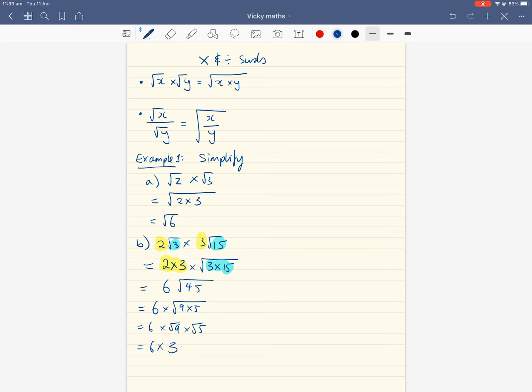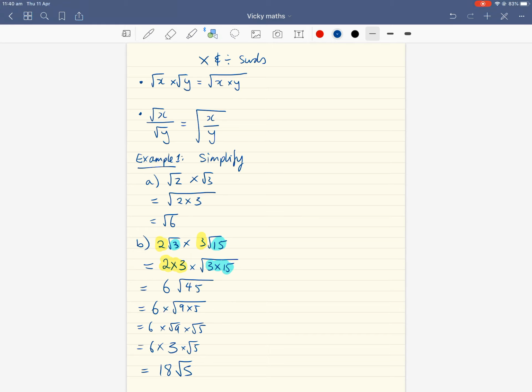Root 9 is 3, so combining that all together we get 18 root 5 as our final answer. So to multiply surds with coefficients, make sure you multiply the coefficients, the numbers in front of the surds, together first, and then square root the numbers inside the surd and multiply them accordingly.